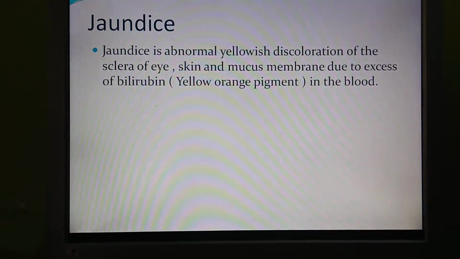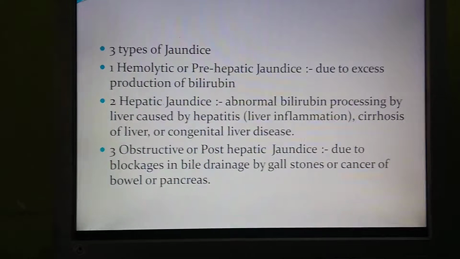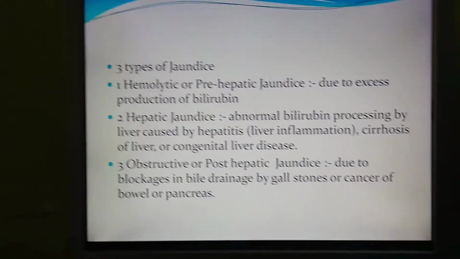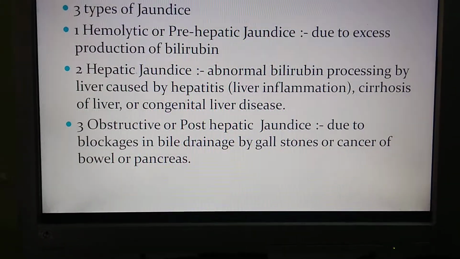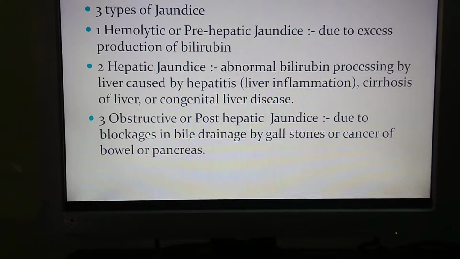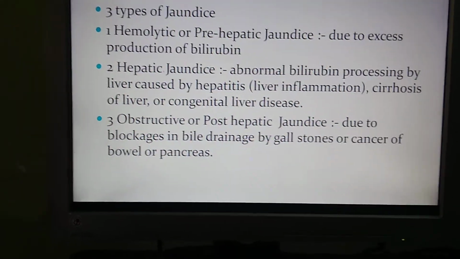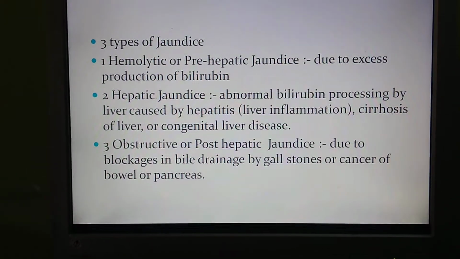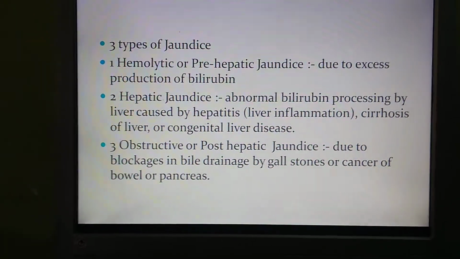There are three types of jaundice. One is hemolytic jaundice or prehepatic jaundice. The second is hepatic and the third is post-hepatic. Hepatic means concerned with the liver.